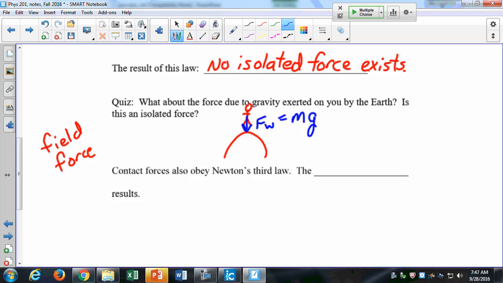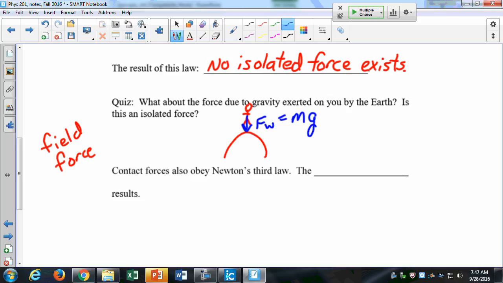But our force weight is equal to the mass times gravity. So is this an isolated force, or is there a reaction force that is equal and opposite to this force? It doesn't seem like there's another force, does there? Or does there? Is there another force that is acting here? Newton's third law would say, yes, there has to be another force.